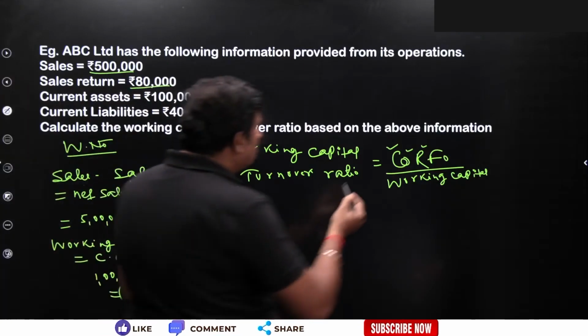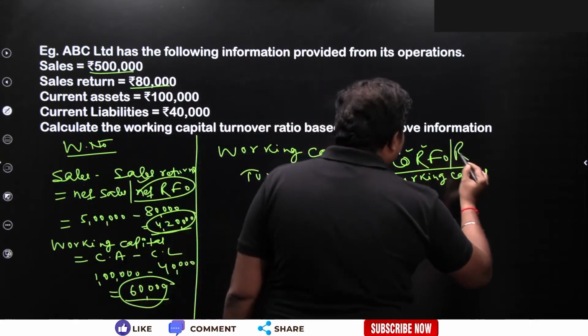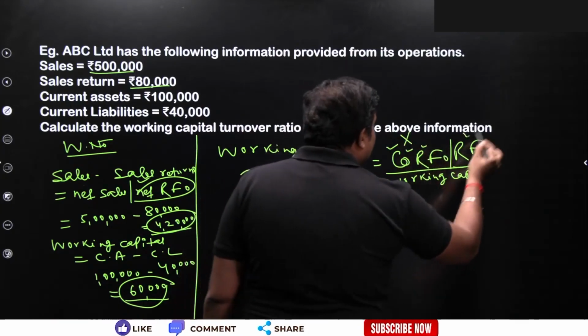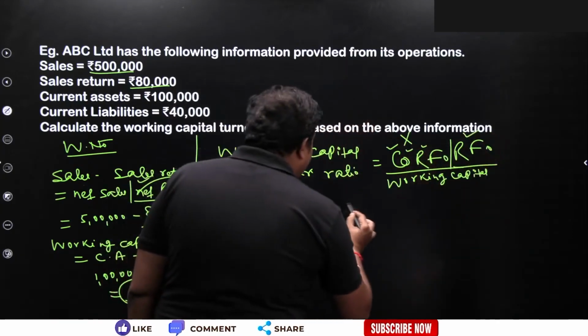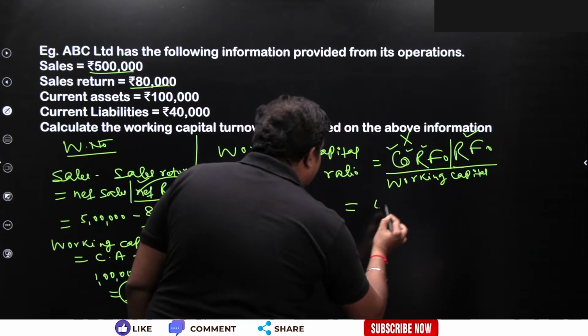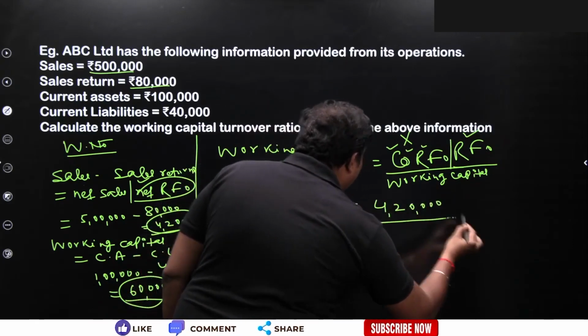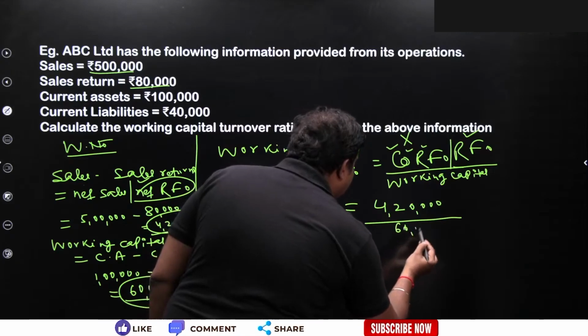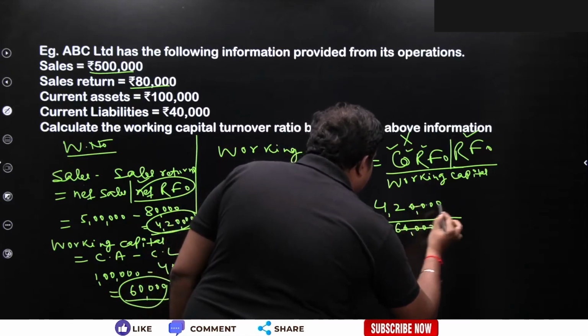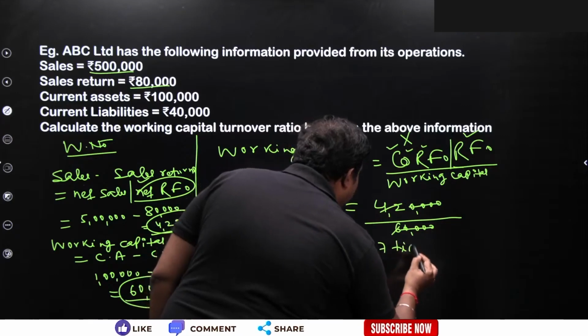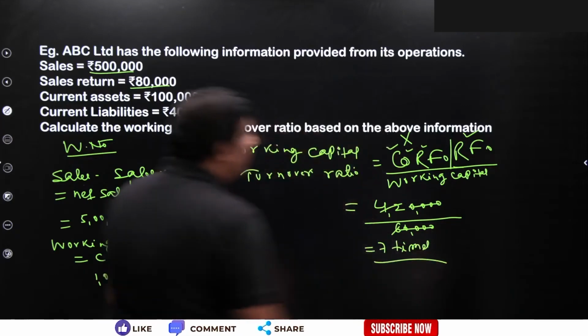Here I can use the formula CORFO, that is, cost of revenue from operation. Since CORFO is not given, I can take the help of revenue from operation, which is rupees 4,20,000, as we just calculated, and working capital is 60,000. So the answer would be 7 times.